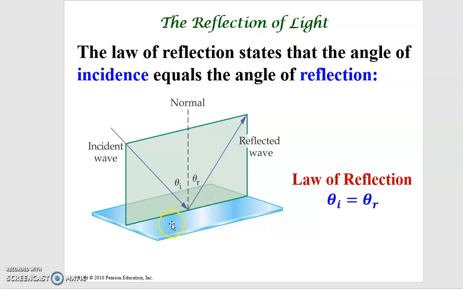It interacts with the glass surface, which is a perfect plane. We find that the incident wave will be reflected, and there is a rule for reflection. The law of reflection tells you that theta incident equals theta reflection.